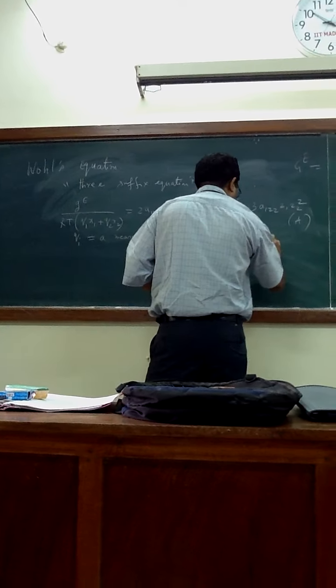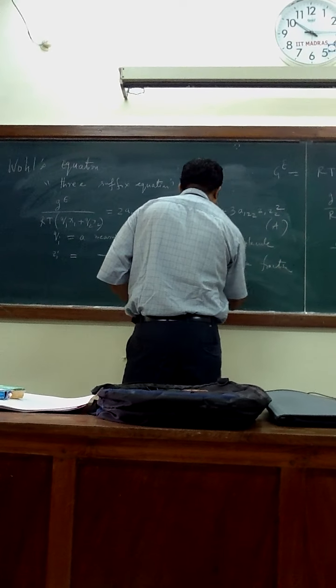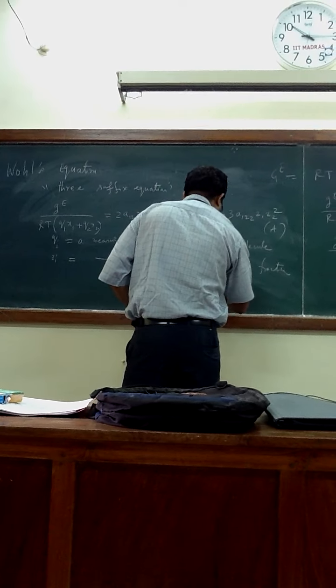Zi is xi Qi divided by Q1 x1 plus Q2 x2, the effective volume fraction of component i. It is like xi, but what actually happens?